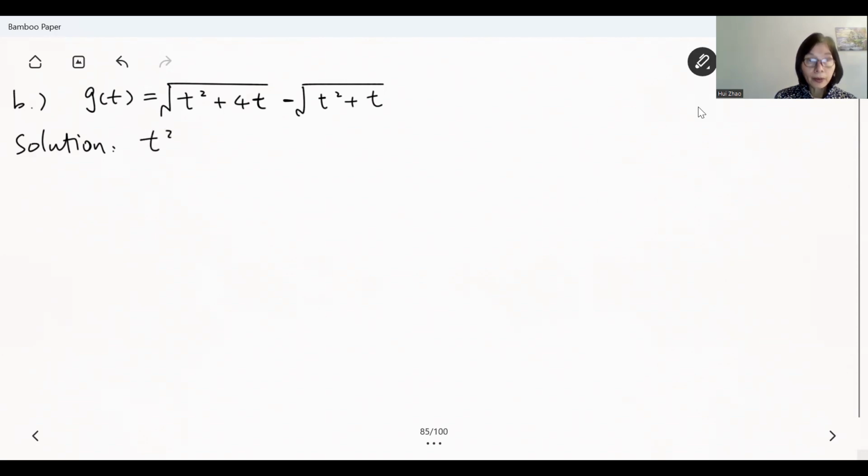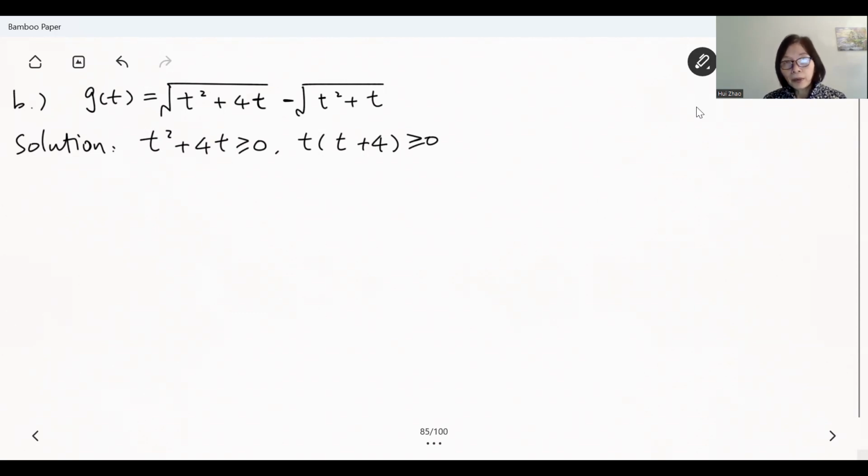So you just check that t squared plus 4t is more than or equal to 0. Take out the t: t times (t plus 4) is more than or equal to 0.